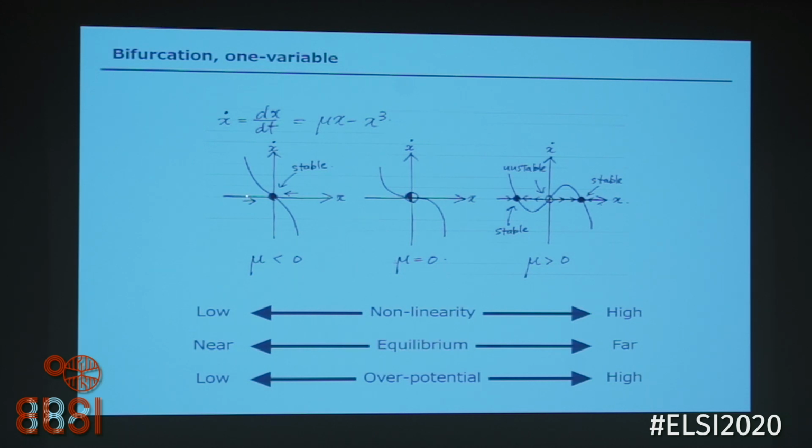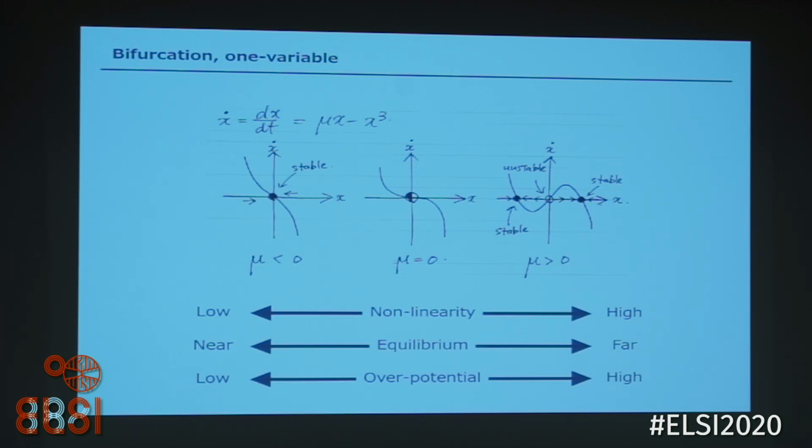And when x is negative here, x dot is positive, so the state goes to the right. On the other hand, when x is positive, x dot is negative, so the state goes to the negative side. This means this state is very stable against fluctuation, right?